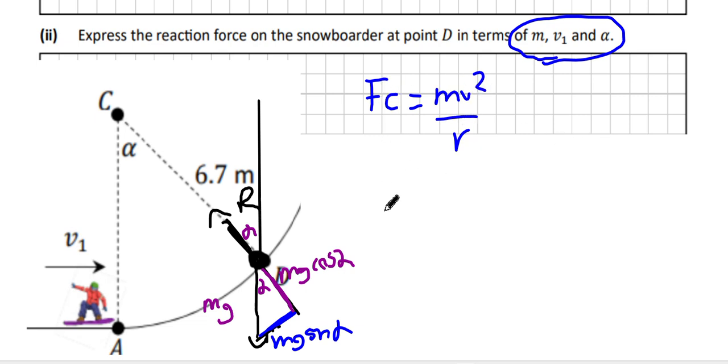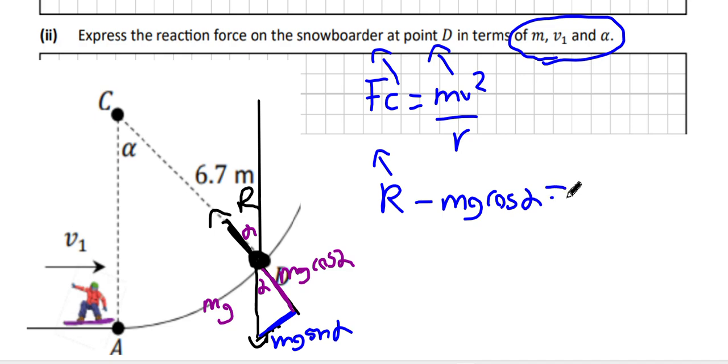So do you all agree it has to be going towards the center of the circle. Centripetal force always goes towards the center of the circle. So do you all agree that that's R minus mg cos alpha equals m.